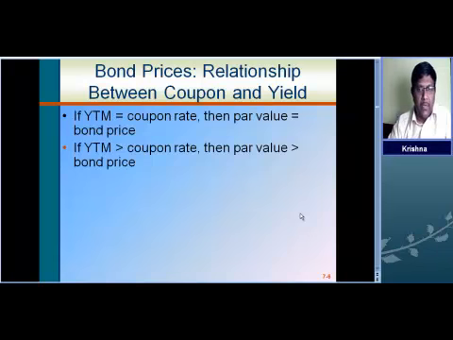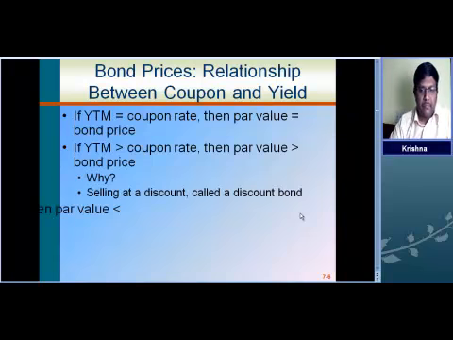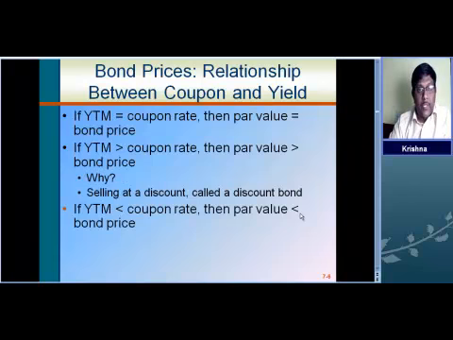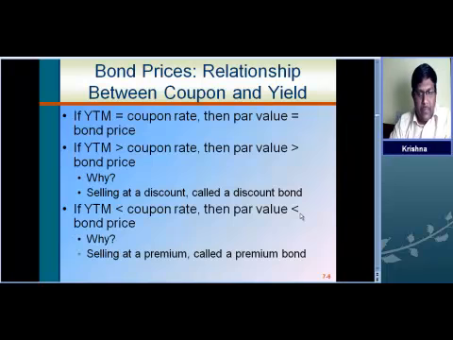If the YTM is more than the coupon rate, then the par value will be more than the bond price. If the YTM is less than the coupon rate, then the par value will be less than the bond price. This relationship will be very useful when you are doing advanced problems.